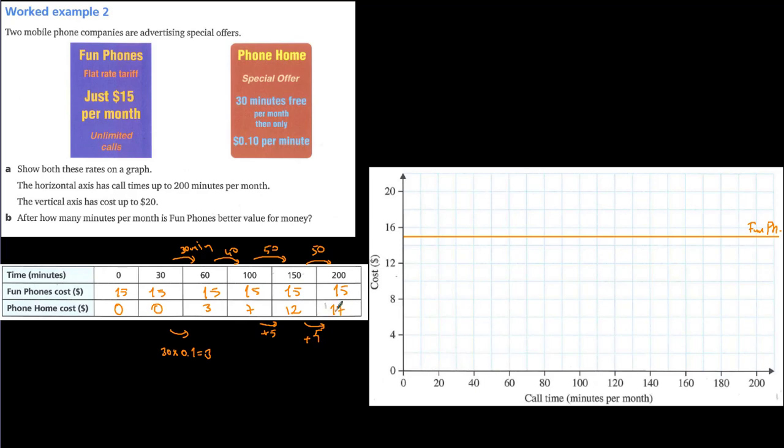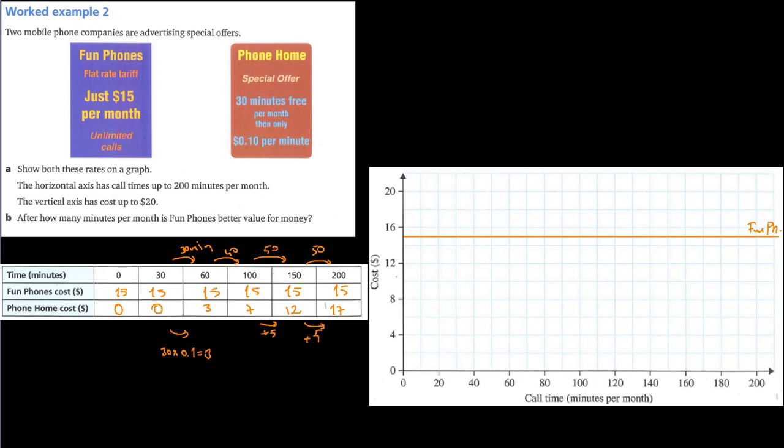So if you are talking less than 200 minutes, the Phone Home cost is better because it is always less. But if you are talking more than 200 minutes, Fun Phones cost is better because it is $15 for all.